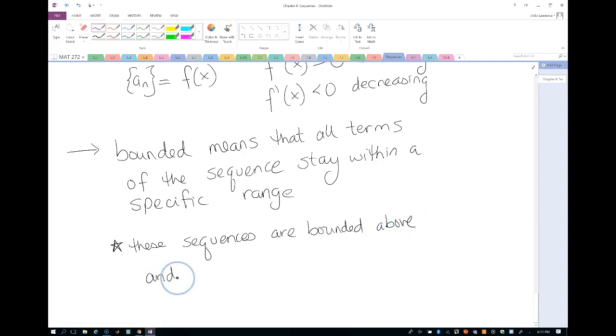And they're bounded below, which means we're able to find a value that is always less than our terms. So if our sequence is bounded above and bounded below, overall we could just say it is bounded, that all of the values stay within a specific range.